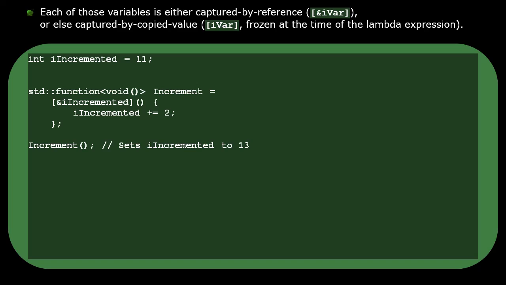What happens is that, as the callable object variable is being initialized, this lambda is evaluated. When this lambda is evaluated, C++ will establish a reference to the I incremented variable's definition. That I incremented variable had been defined in the enclosing scope.